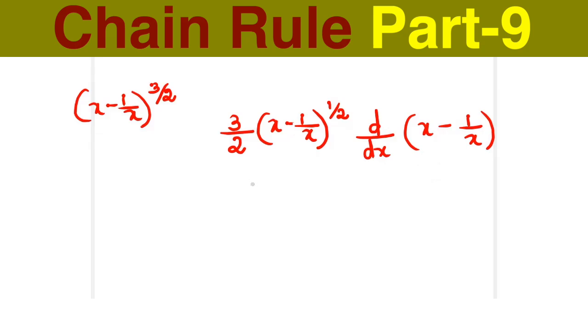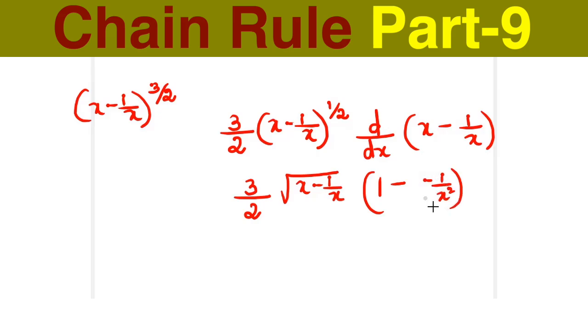Now I'm going to write this as 3/2 root of, half means it is root, so it is x − 1/x, into, let's do the differentiation of this expression, x − 1/x. So d by dx of x is 1, minus d by dx of 1/x, which is −1/x², because x to the power −1, the whole power −1, gives x to the power −2.